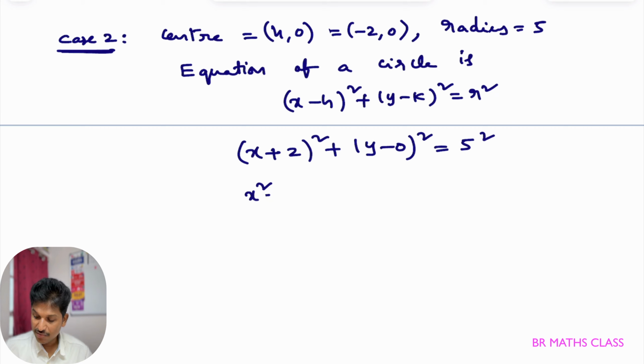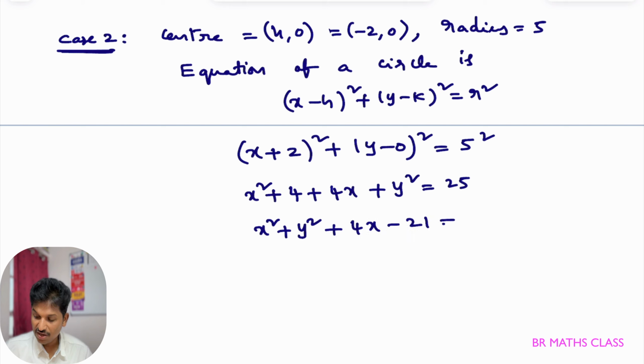Expand this and simplify. What will you get? X square plus 4 plus 4x plus y square equal to 5 square, which is 25. Simplify this. X square plus y square plus 4x minus 21 equal to 0. So this is another circle equation whose center lies on the x-axis, whose radius is 5 and the circle passes through the point 2 comma 3.